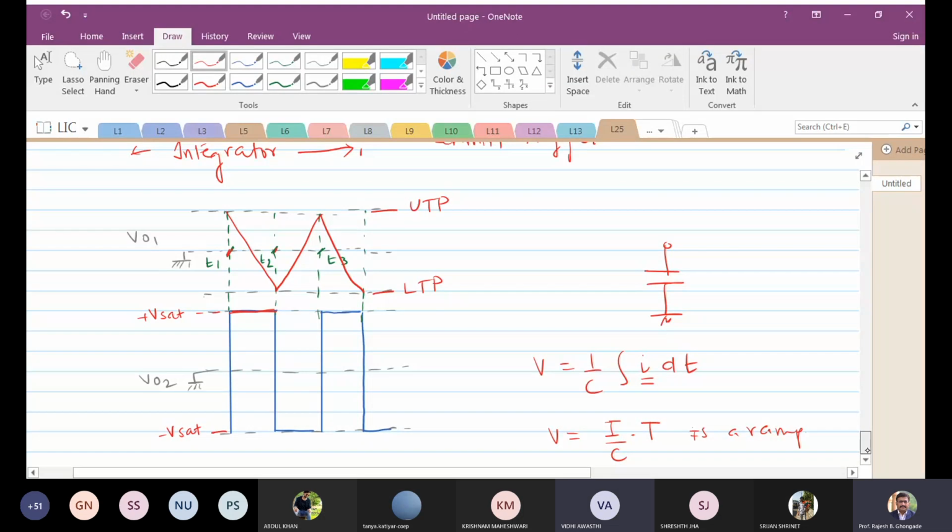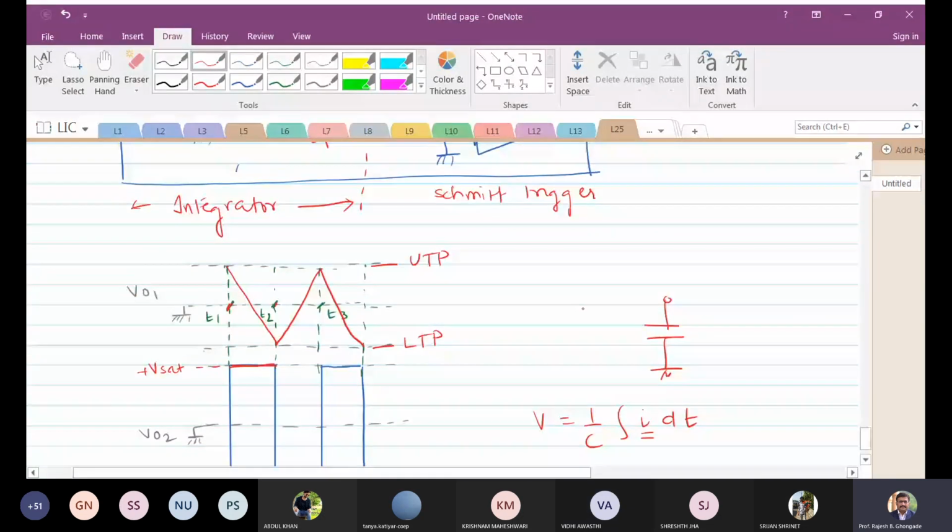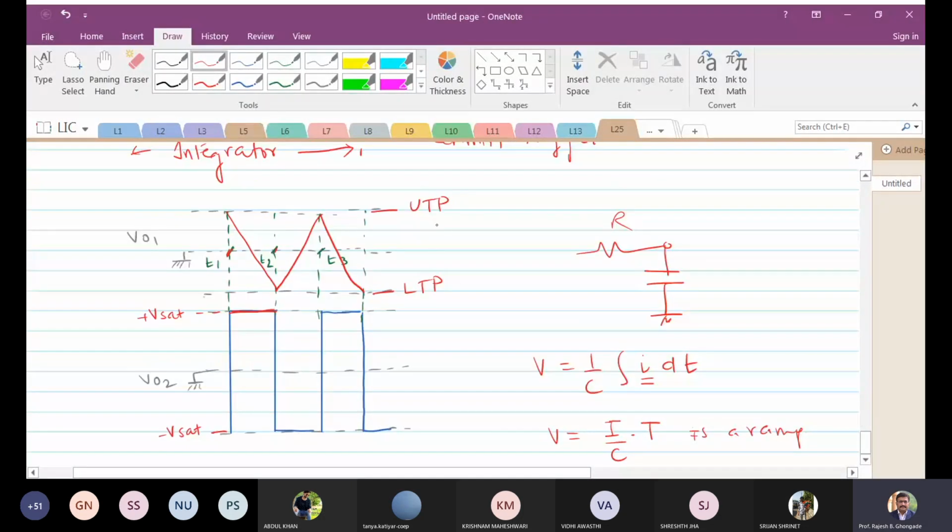Now we have already derived the equation in the integrator, in which this I is replaced by the voltage, because this I is replaced by V by R. If you are having R here, look at this. This was the charging current I. So this will be V by R. So if V is constant, R is obviously constant.